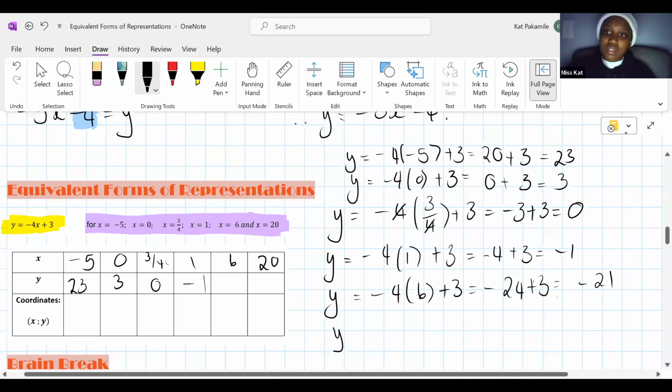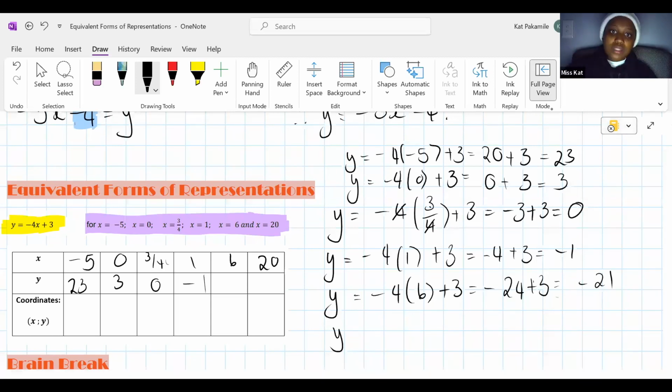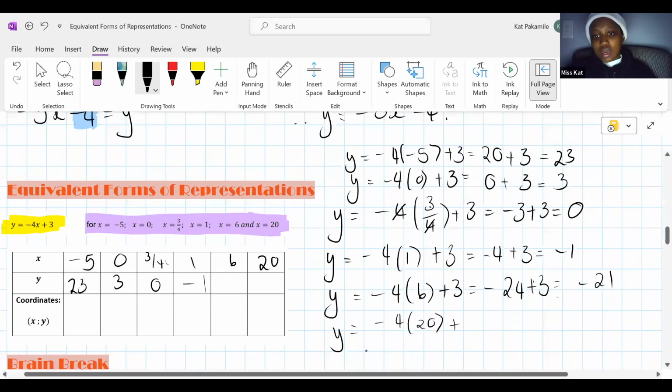What's my output? Let's see. -77. I wouldn't know, I haven't checked. So -4 times 20 plus 3.